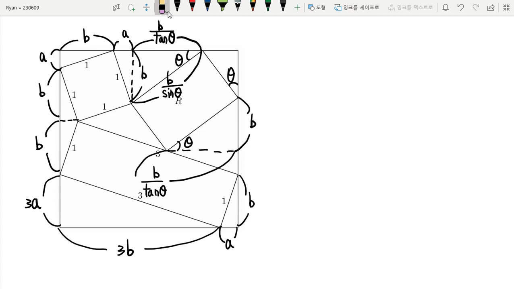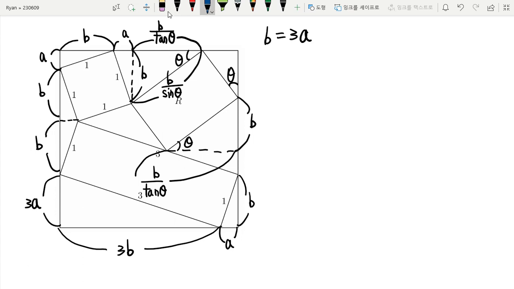To be a square, b should be equal to 3 times a. So the ratio between a and b is 1 to 3.